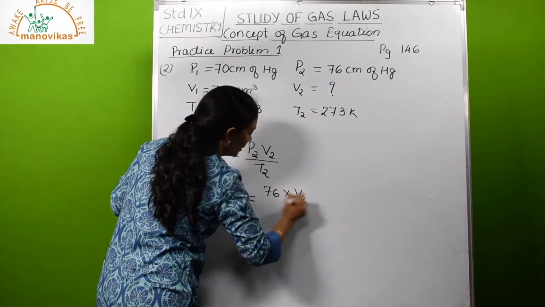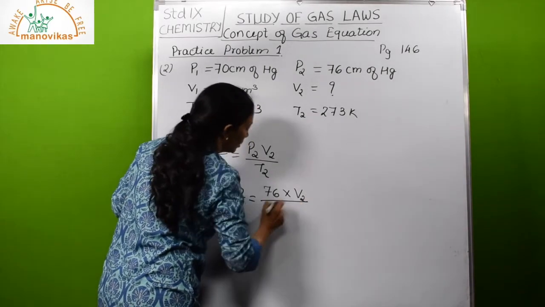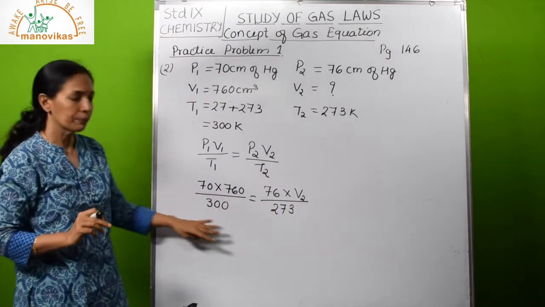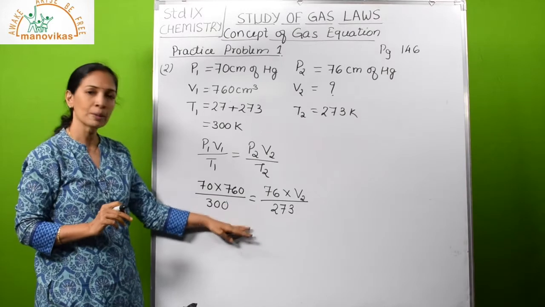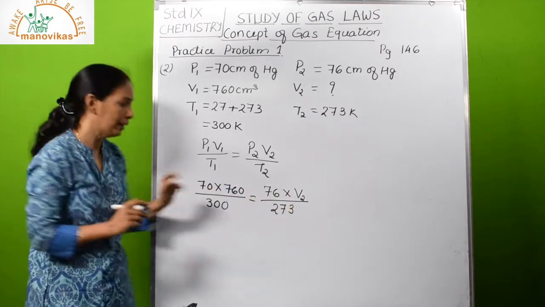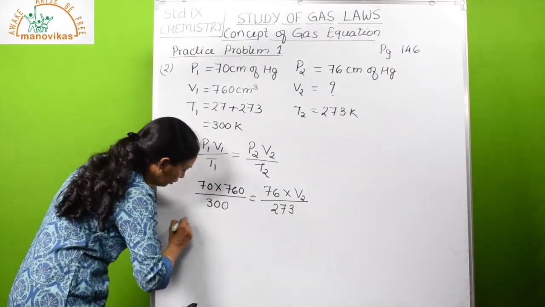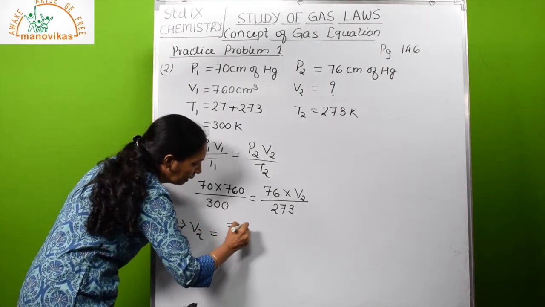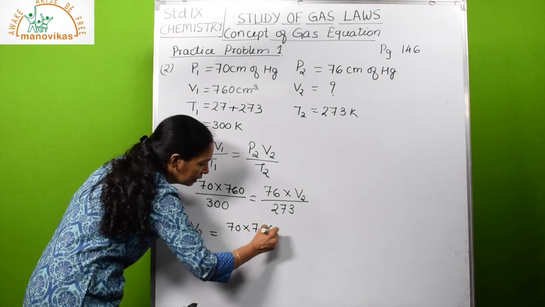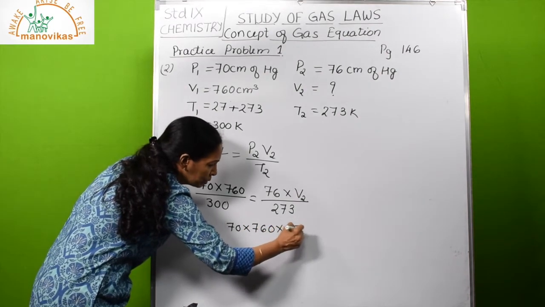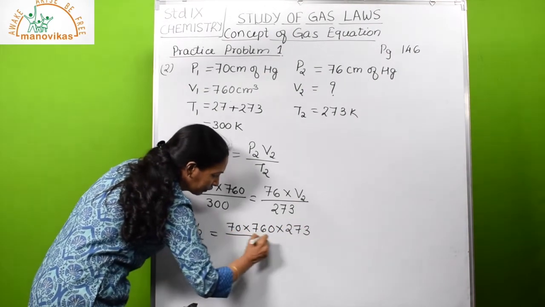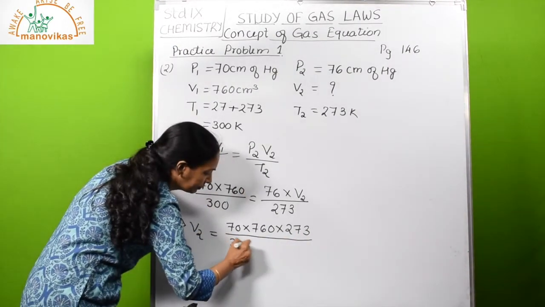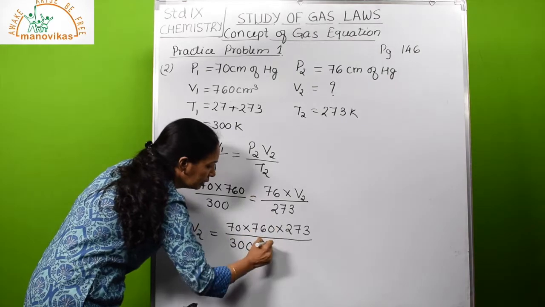V2 you write as it is, and this is 273. After substituting, you have to cross multiply and get the unknown value. So V2 will be equal to 70 multiplied by 760 multiplied by 273 divided by 300 into 76.